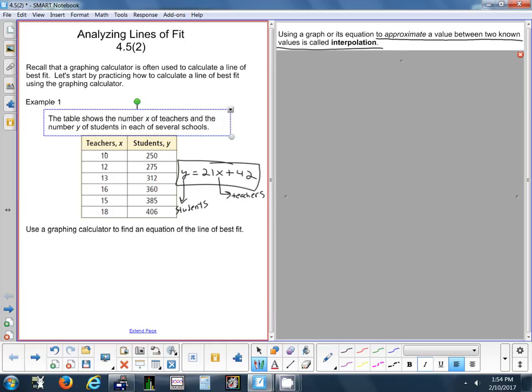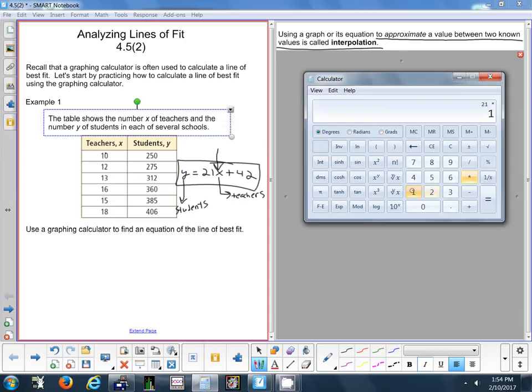Yep, 11. So if I plugged 11 into this formula for x, I could say 21 times 11 plus 42. I would predict that if there are 11 teachers in the school, there should be about 273 students.